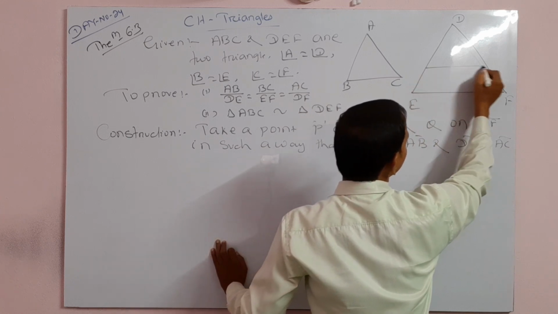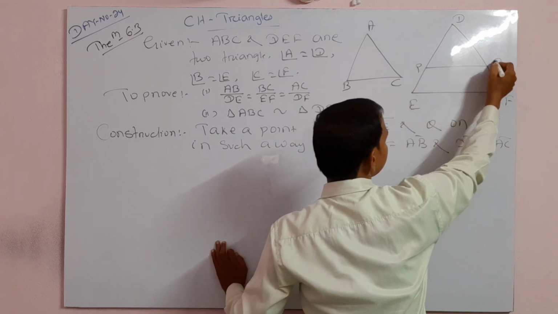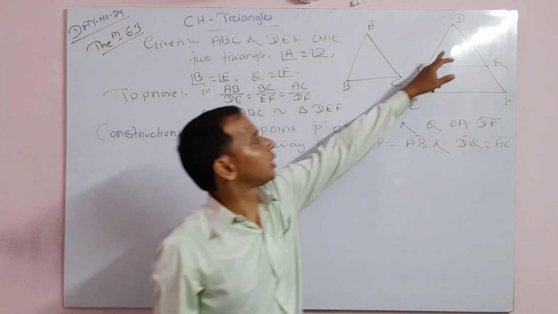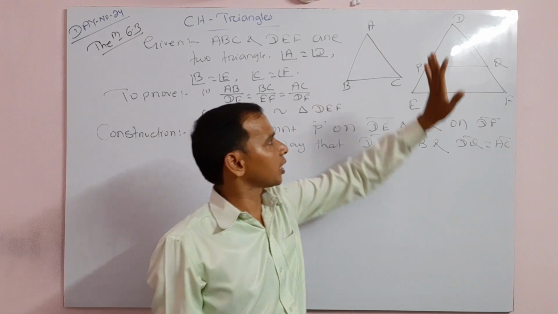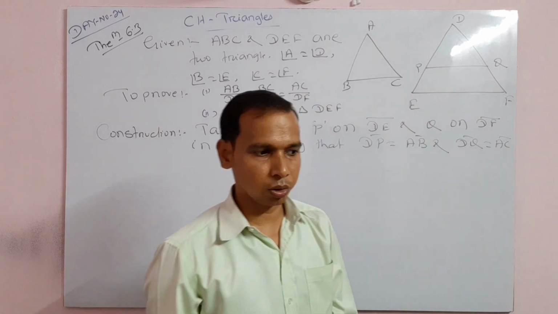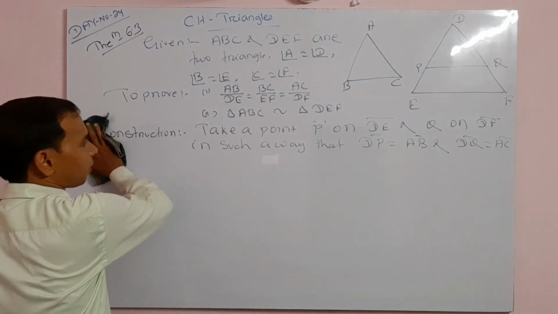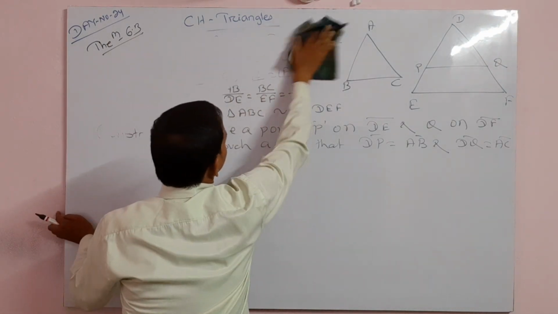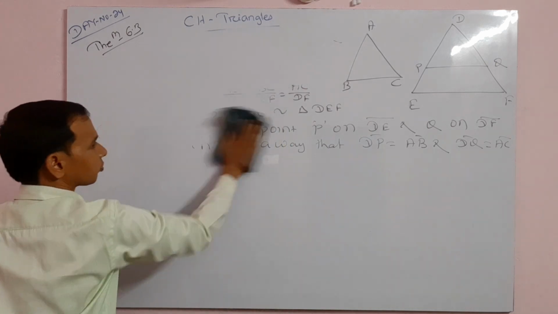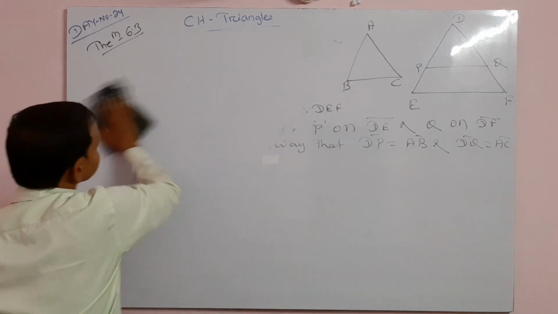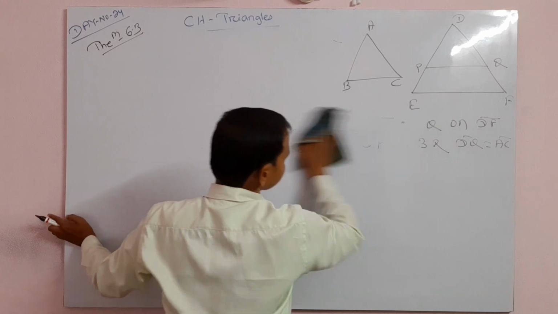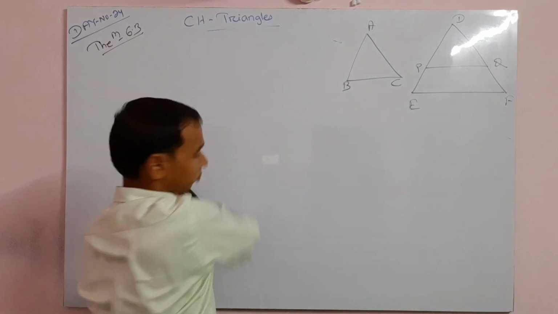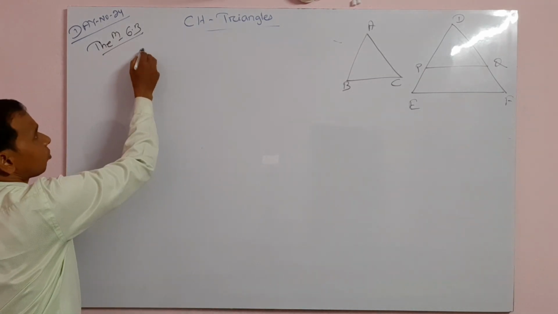Okay, so you take a point P on DE and Q on DF in such a way that DP equals AB and AC is equal with DQ. Given, to prove, construction complete, then come to proof.